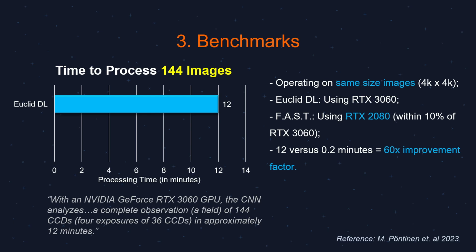In my comparison, I'm using an RTX 2080, which is within 10% of the speed of an RTX 3060. And as you can see here, it took 12 minutes to process 144 images for Euclid DL. By comparison, again with GPU mode, it takes 0.2 minutes to process the same 144 images and the same size images. So this is a huge improvement, again, in processing time.